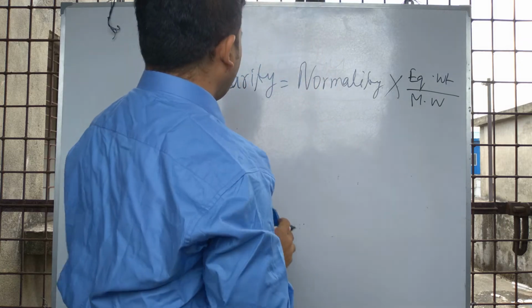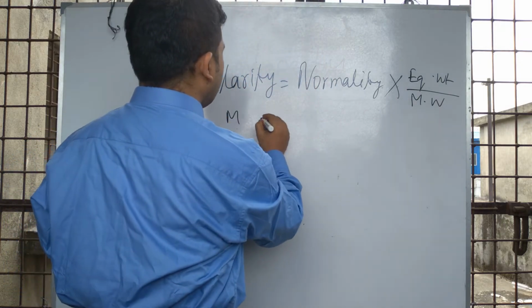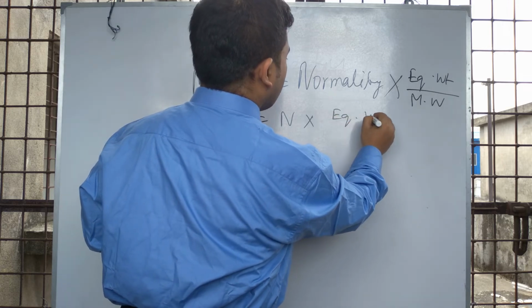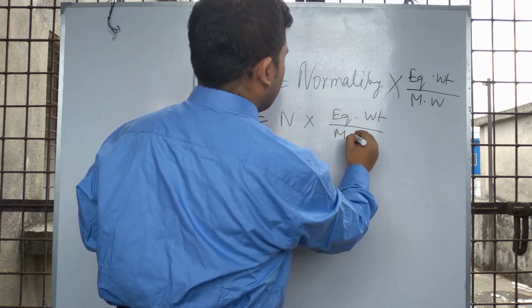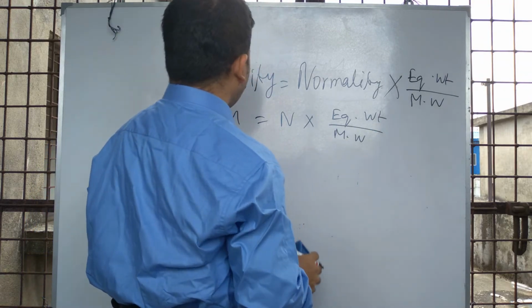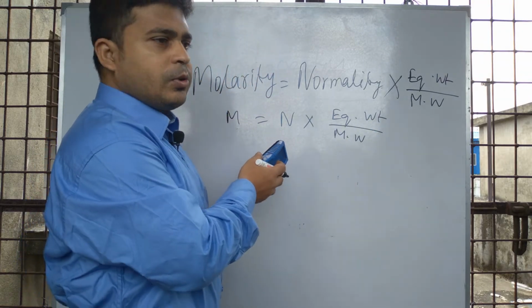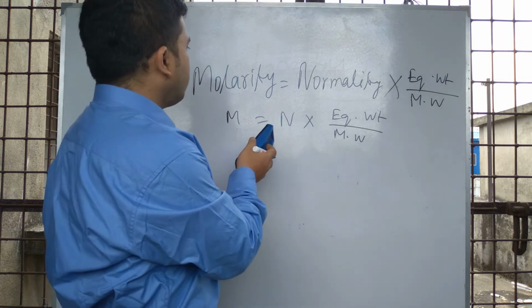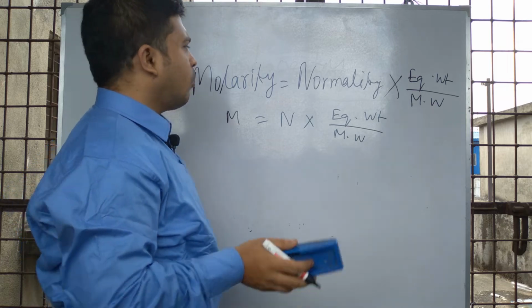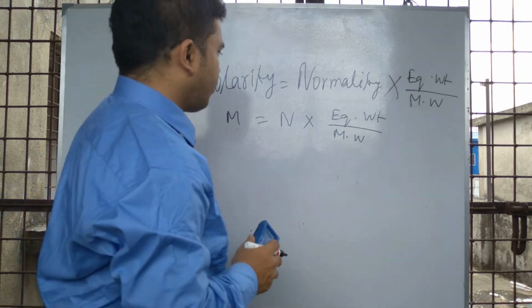This is the relation between molarity and normality. In order to change molarity into normality, we use this equation.